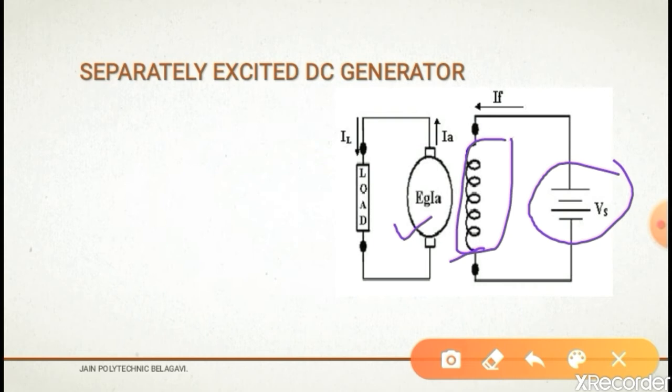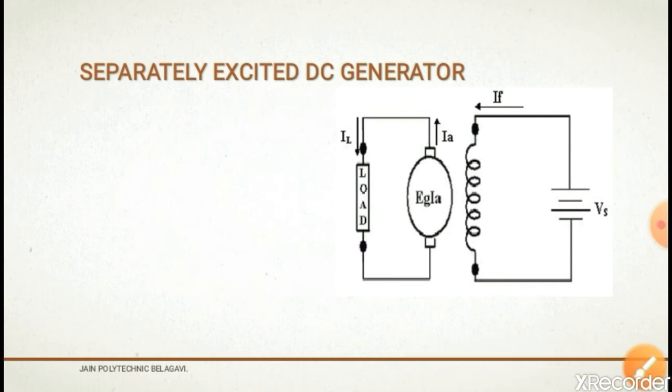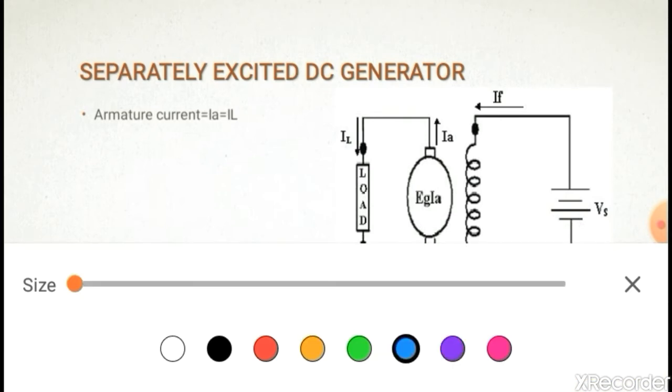So it is called a separately excited DC generator, and the armature is connected to the load. The armature current is given as Ia, and Ia is equal to IL, as we can see here.